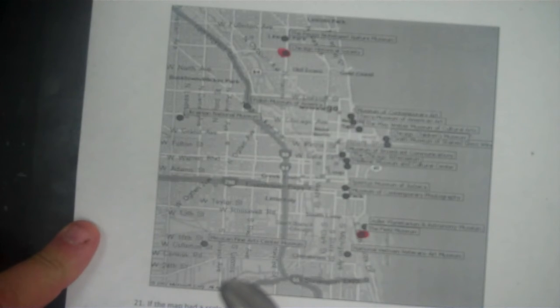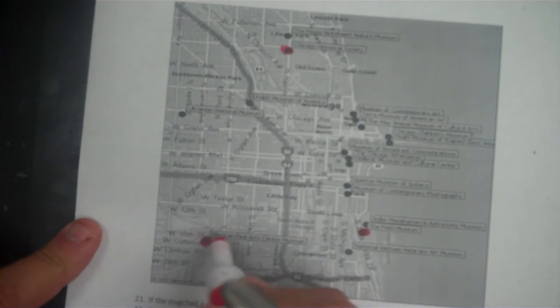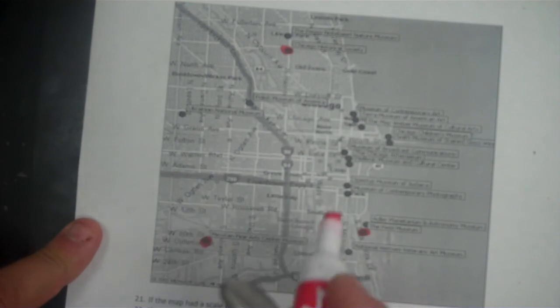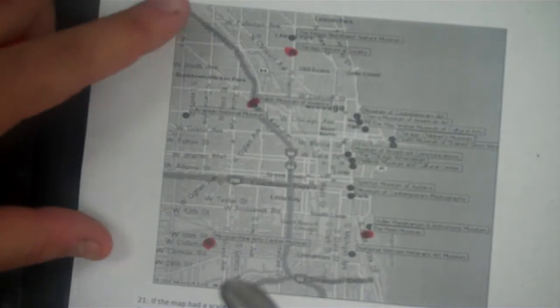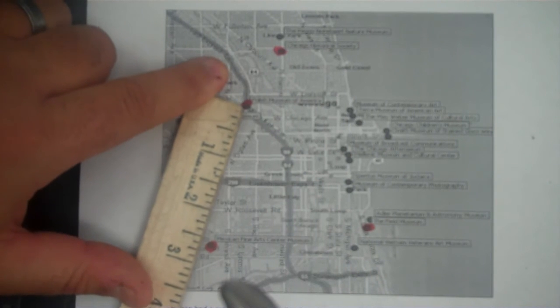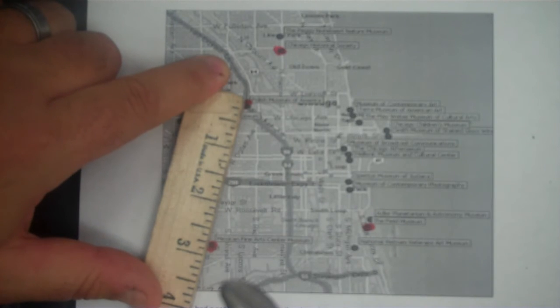Number 22. If this map had a scale of 1 inch equals a half a mile, how far is it from the Mexican Fine Arts Center to the Polish Museum in a straight line? Okay, so I don't know what the exact scale is of this map. We're just going through some exercises here. Let's pretend that each inch is a half a mile. So I'm going from the Mexican Museum up to the Polish Museum. Where's the Polish Museum? There it is. So I lay my ruler down, and I can see that it's closest to 3 inches.